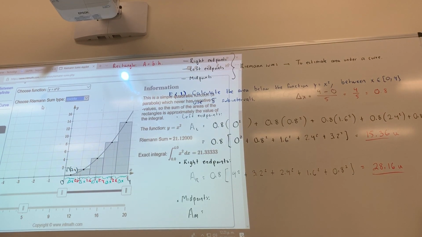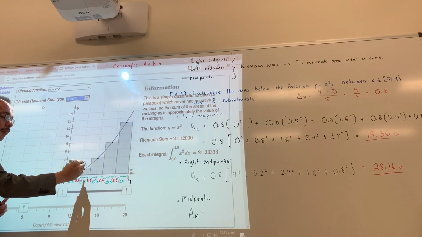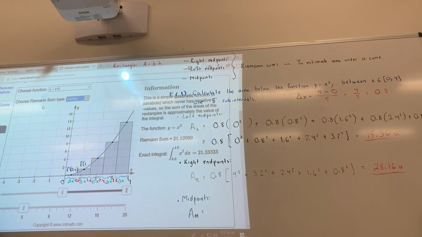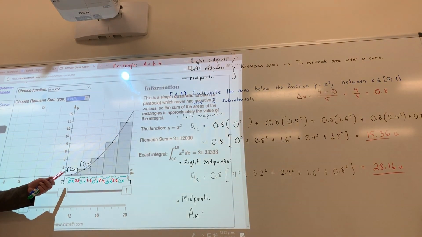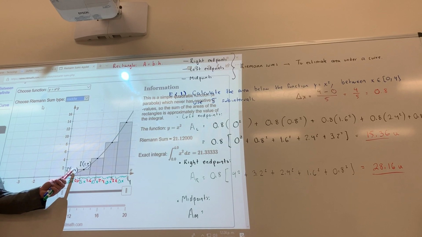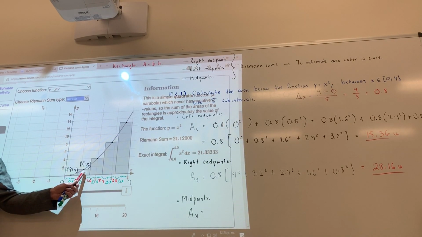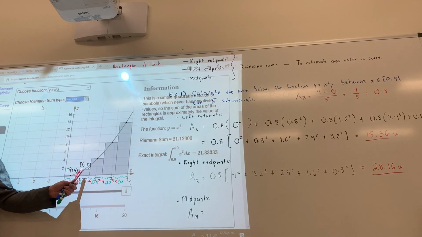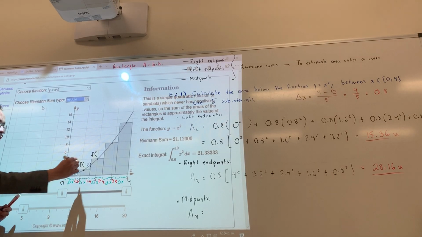The next point is going to be what? 0.8? No. 1.2. Why? Because this one is f of 0.4, and the next x value is 0.4 plus the base, which is 0.8, so it's 1.2. The next one is f of 2.